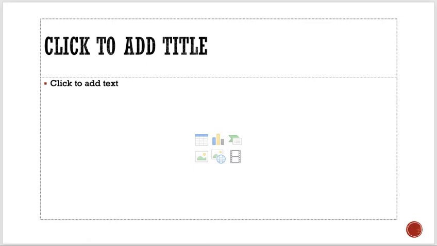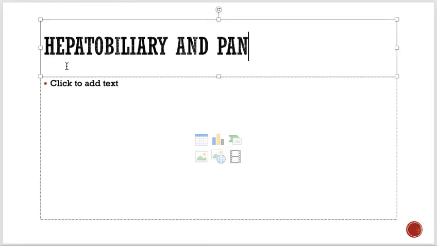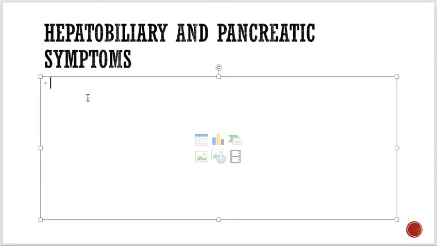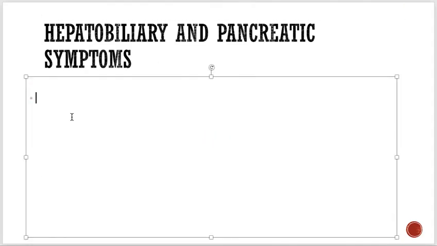Now some of the patients do present with hepatobiliary and pancreatic symptoms. Not too many, but there are reported cases. Simply, when Ascaris lumbricoides migrates into the biliary tract, they can present with hepatobiliary and pancreatic disease.